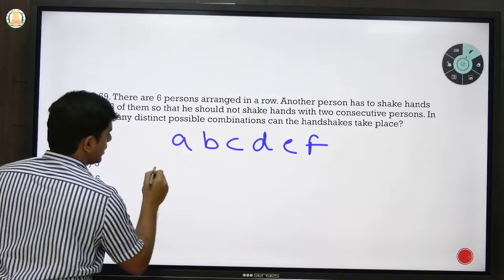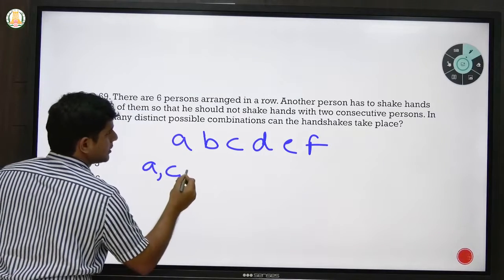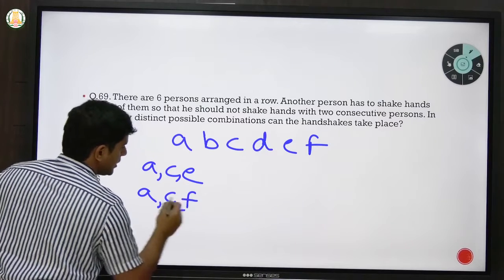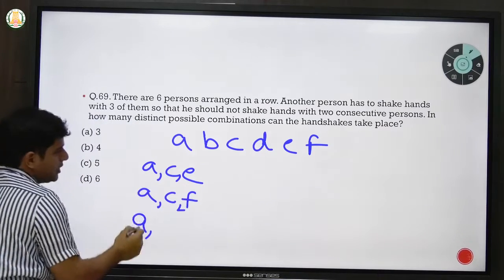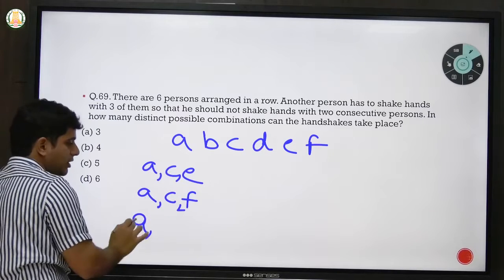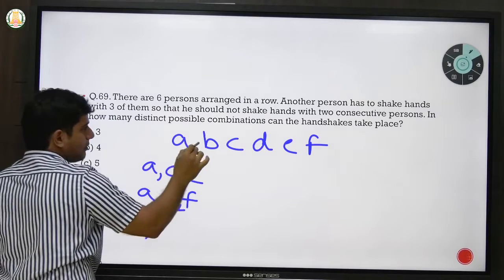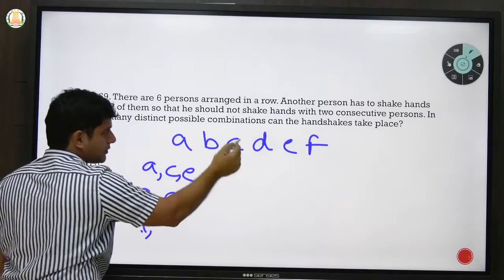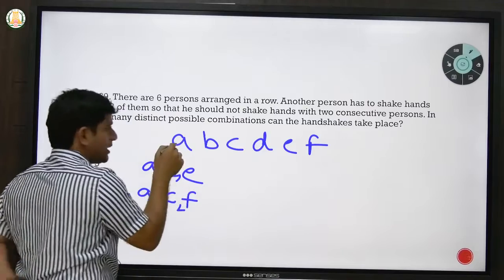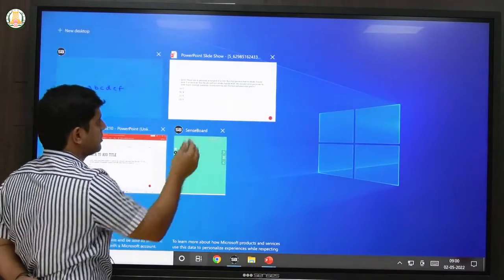So first we have seen A, C, E, then A, C, F, then ADF, with A common. Again, you see the order is also going in ascending order. ACE we have finished, ACF we have finished. Now with A here, then we'll see instead of B, instead of... so this will be the trick. First you select the first alphabet.